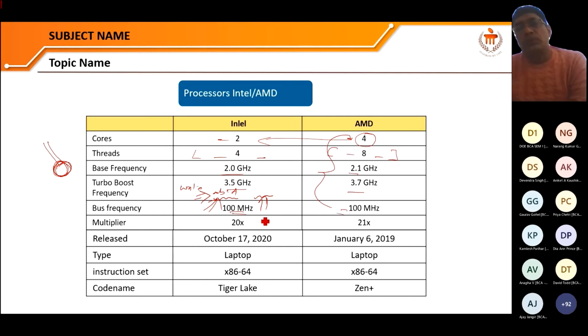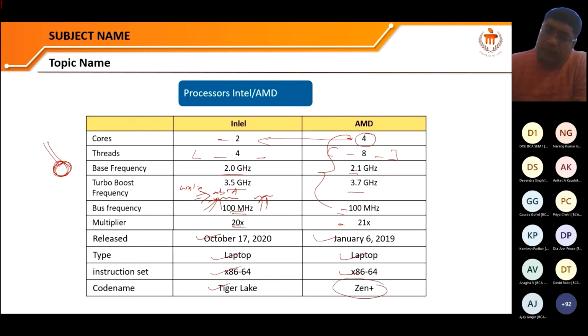And here is a multiplier, we have 20x and 21x. Release date of October 17, 2020. Here is January 6, 2019. Type of laptop, it is enabled in a laptop, and the instruction set is x86, and the code name is Tiger Lake, and this is known as the Gen Plus.